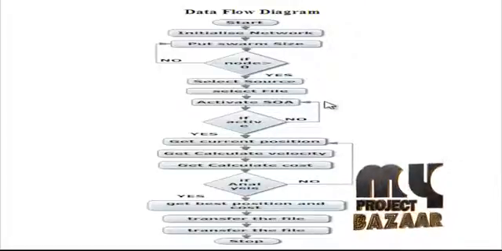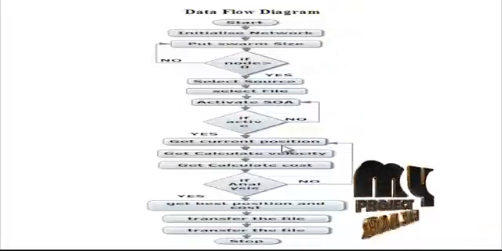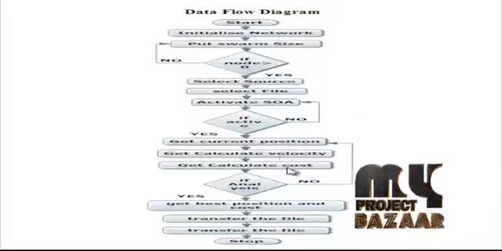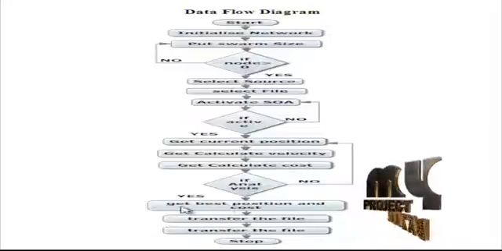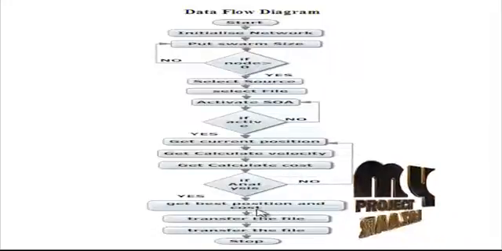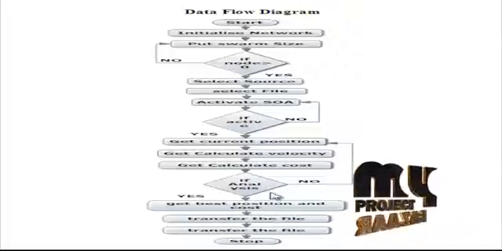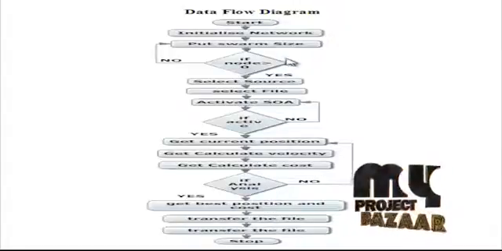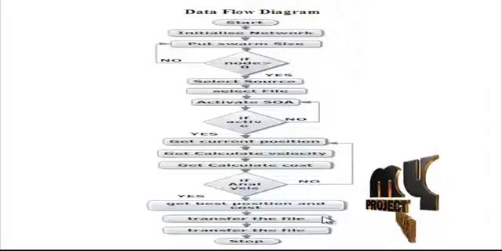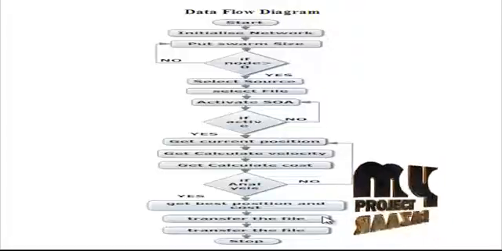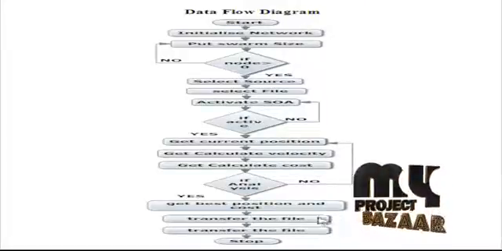Here the swarm optimizer is used to get the current position, velocity, and cost to calculate the best position and cost. This is used to allocate the task for each and every node of the swarm, and then transfer the file from source to destination.